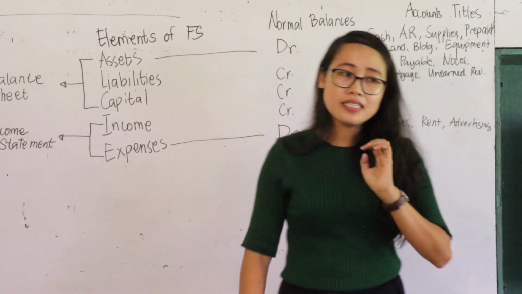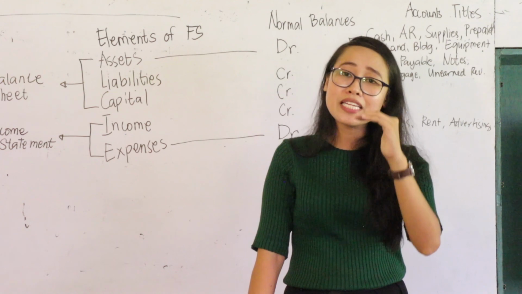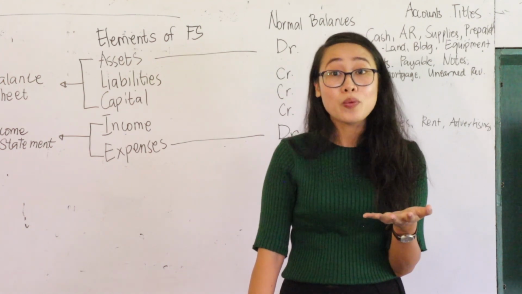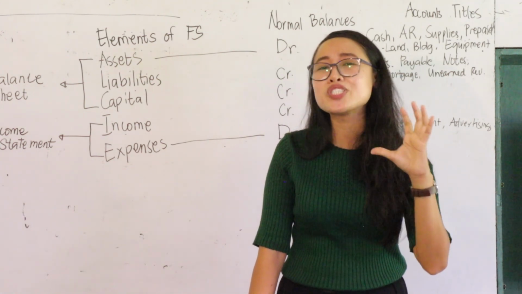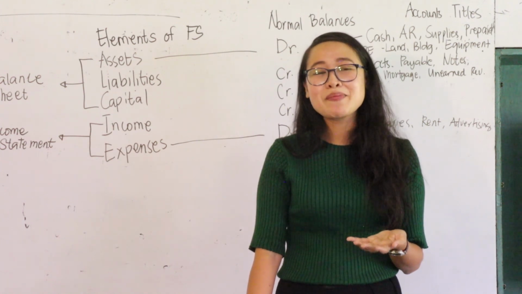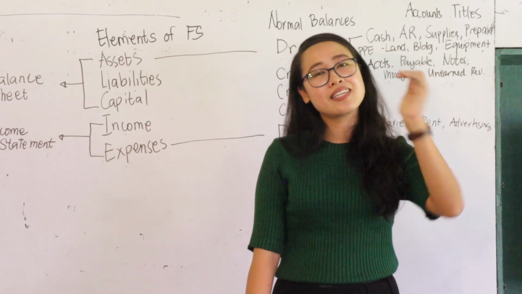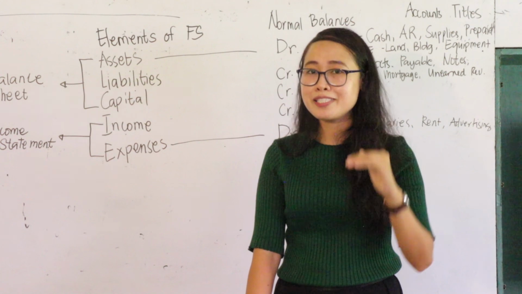In the sole proprietorship service type business, the major difference lies on the income statement. Why? When I say income statement, I hope you can see pictures at the back of your mind of what a financial statement looks like, right? A financial statement under service business starts with income or revenue, service revenue, less expenses.